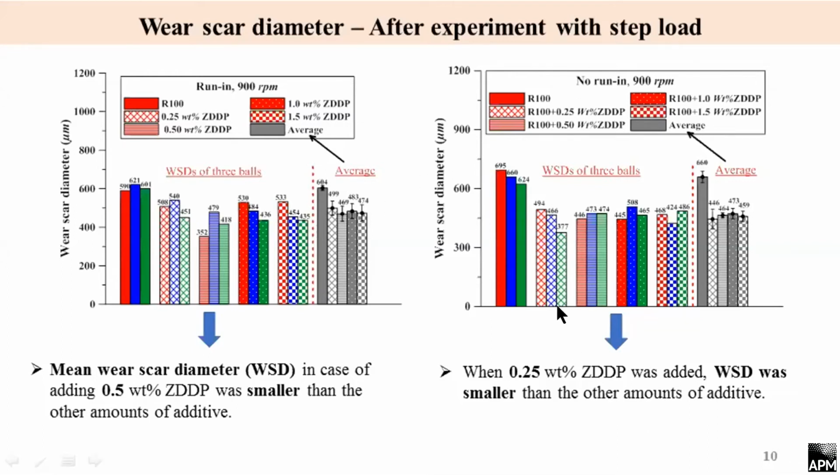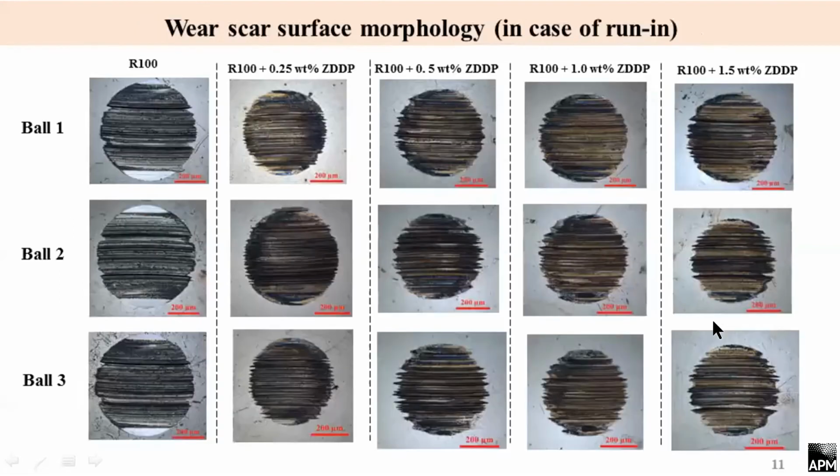But in the case of no running-in process, 0.25 weight percentage of ZDDP has a smaller wear scar diameter than other amounts of additive.